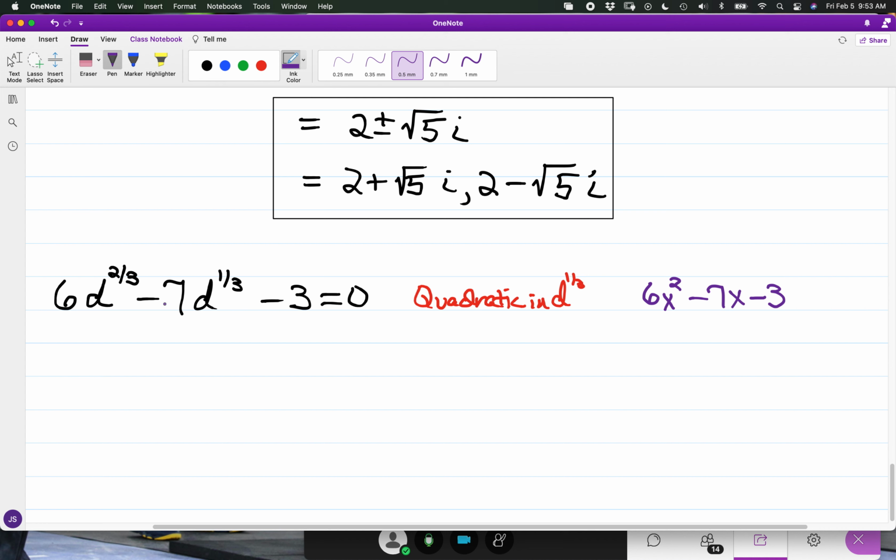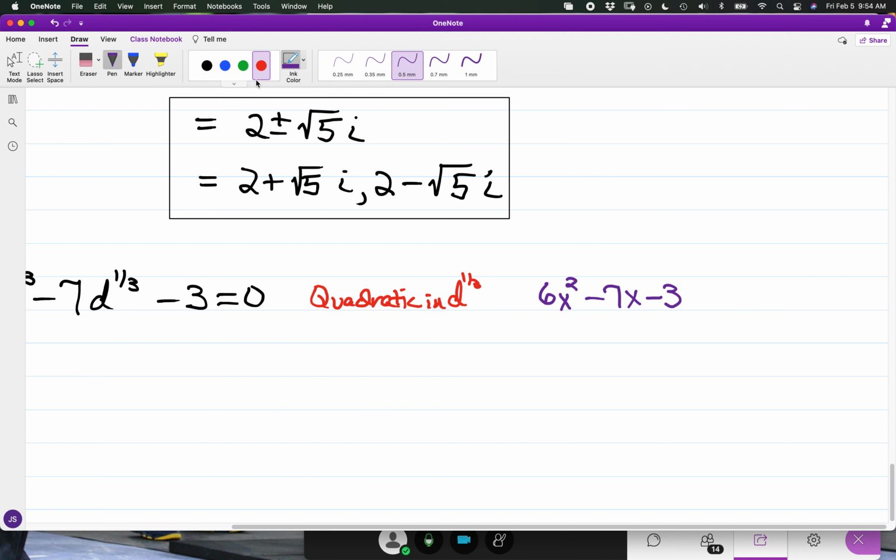For this trinomial, think of D to the 2/3 as x squared, and D to the 1/3 as x. And if I look at factoring by grouping, I have 6 times negative 3, which is going to be negative 18.